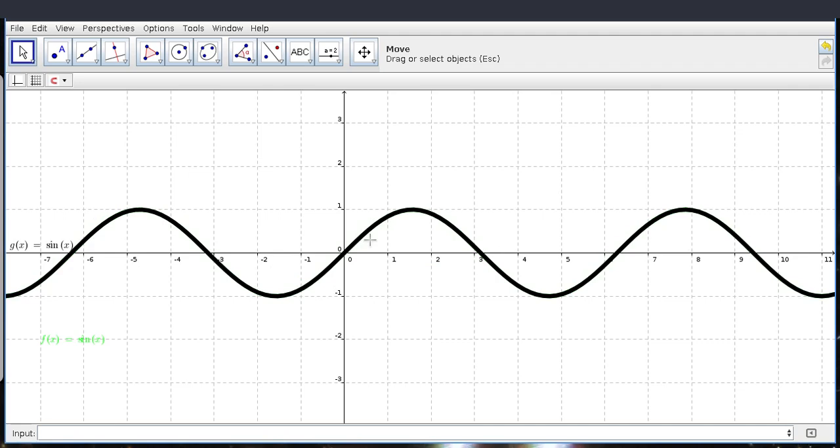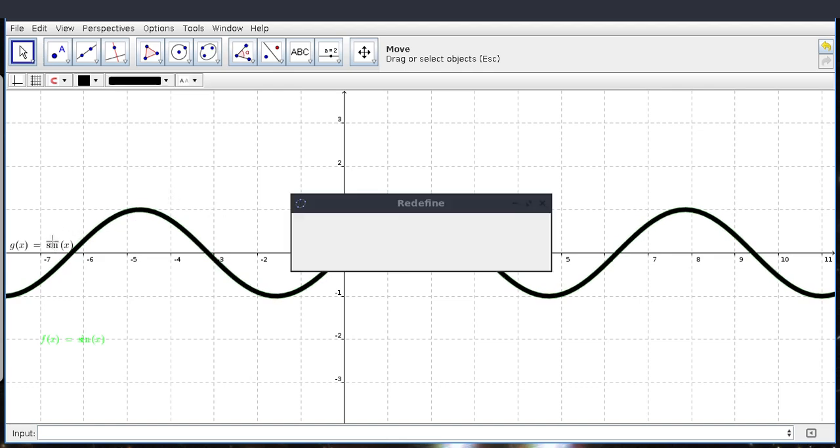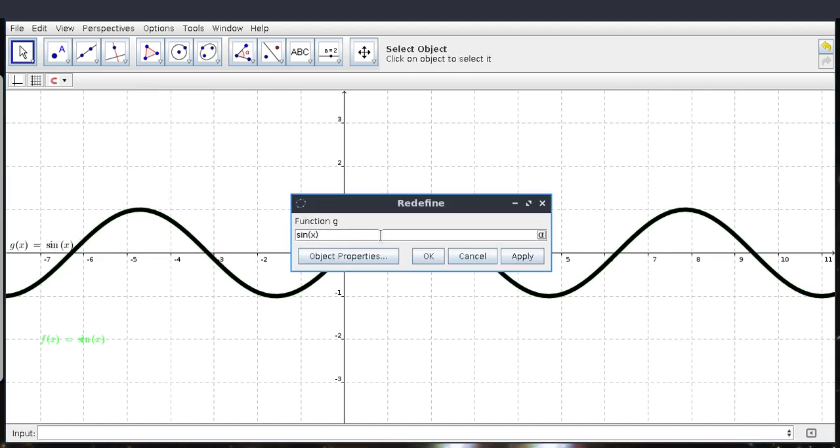We have the black graph laying down on top of the green graph because they are the same graph. It was not modified, but let's do a little modification. Sine x. In the bracket we have plus 1. What would happen?